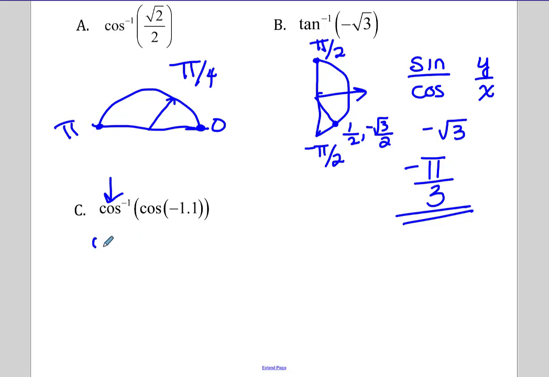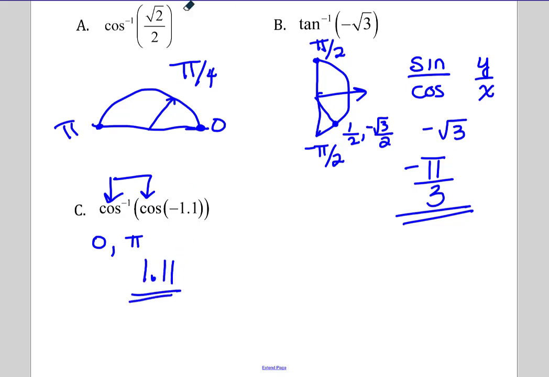My answer has to be between 0 and pi, and if these inverse functions cancel each other, like a square and a square root, then my answer would be 1.1, not negative 1.1, because cosine is an even function.